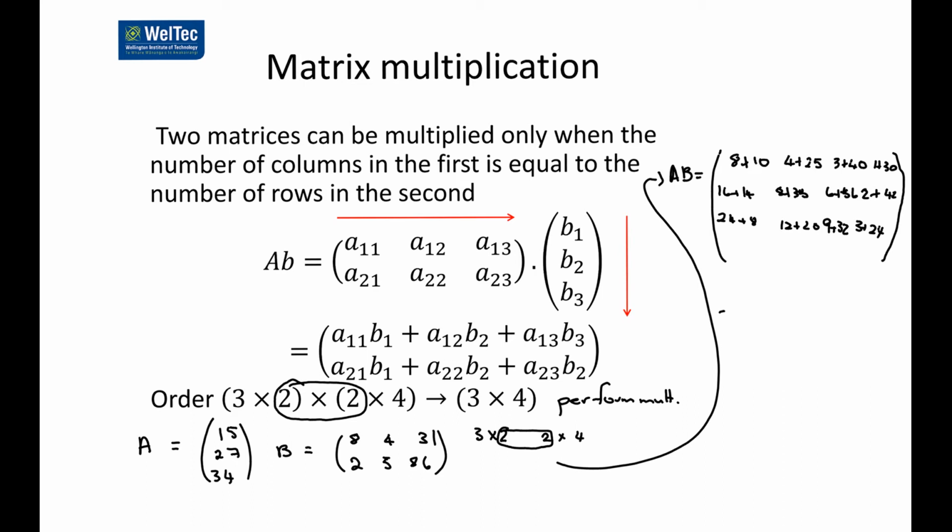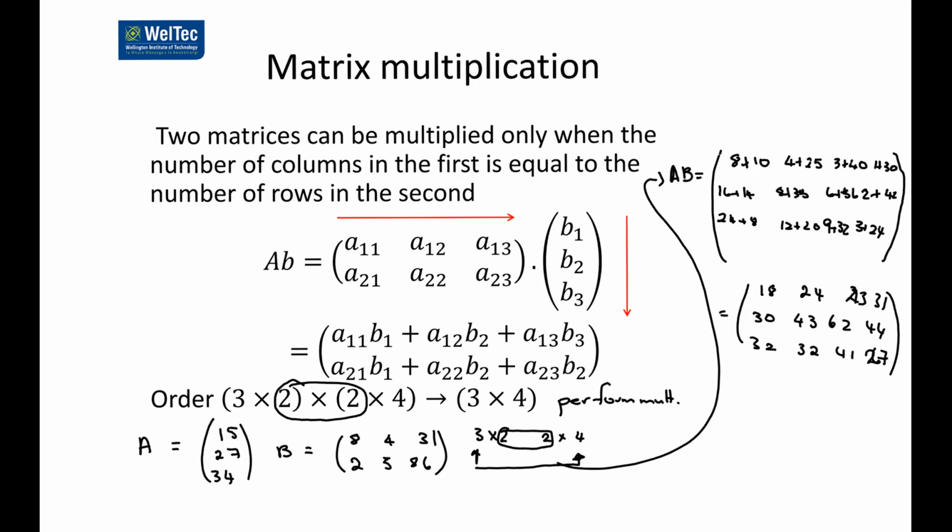And adding them all up, we get 18, 24, 43, 31, 30, 43, 62, 44, 32, 41, 27. And as predicted, that is a 3 by 4, because there's our answer there, 3 by 4.